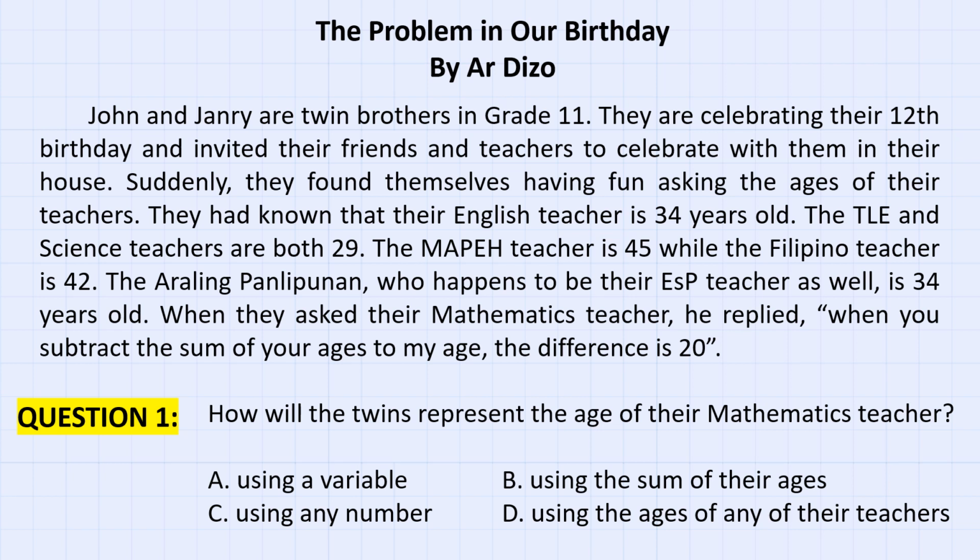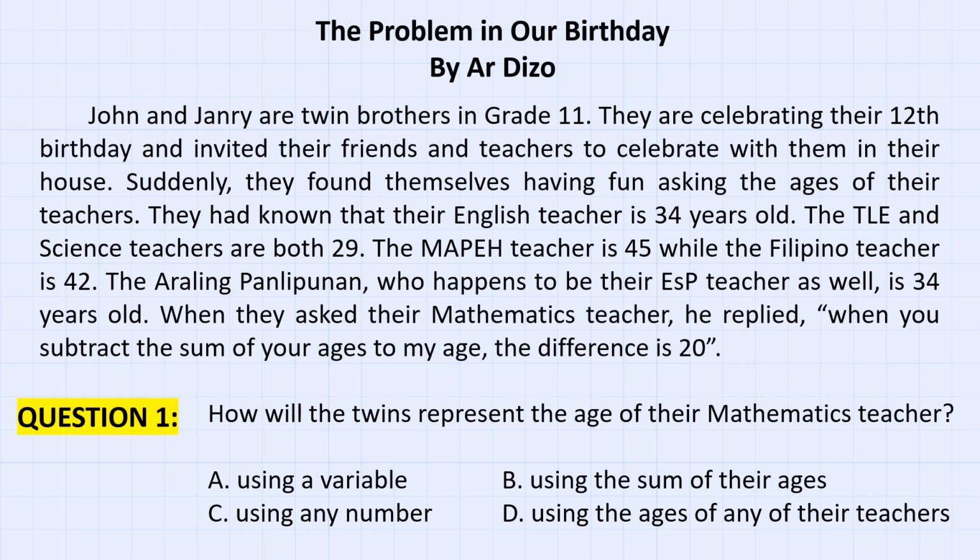Suddenly, they found themselves having fun asking the ages of their teachers. They had known that their English teacher is 34 years old. The TLE and science teachers are both 29. The MAPE teacher is 45, while the Filipino teacher is 42. The Araling Panlipunan, who happens to be their ESP teacher as well, is 34 years old.